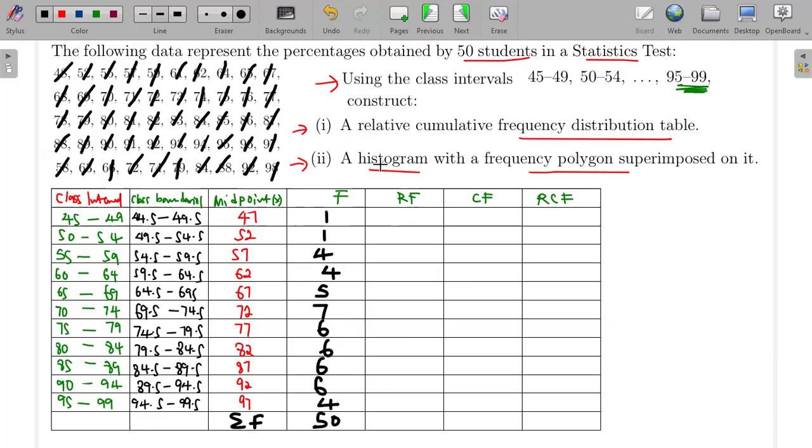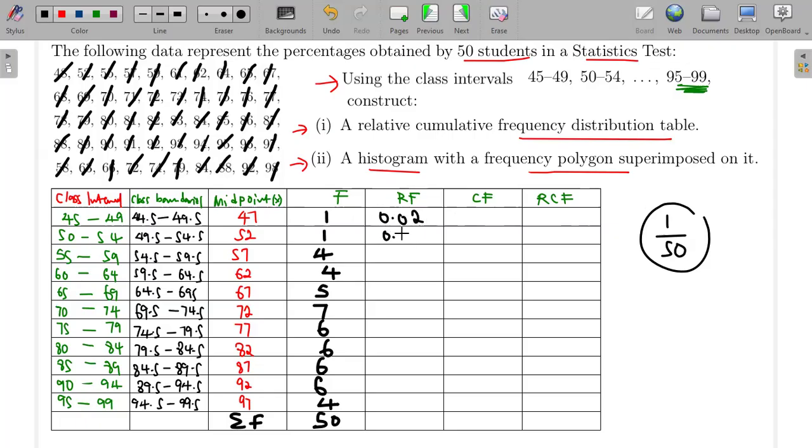Okay, what else? The relative frequency. How do we find the relative frequency? We simply take the frequency, for example here the frequency is 1, divided by the total frequency, which is 50. So I end up having my relative frequency 1 over 50, which is 0.02.